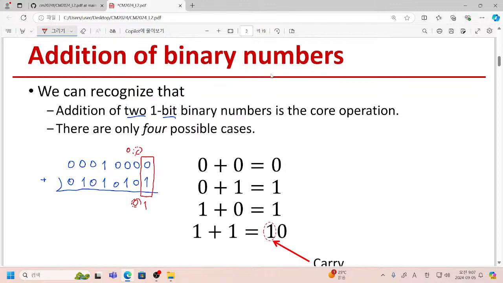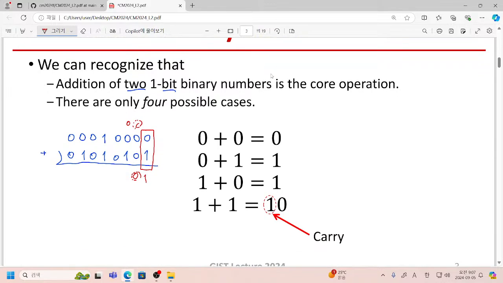In general, we actually need the sum of three binary numbers: one is A, one is B, and the other one is C. This C is sent from the previous operation, the lower digit operation, and it is called the carry.